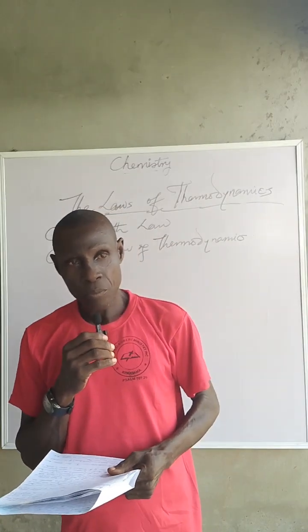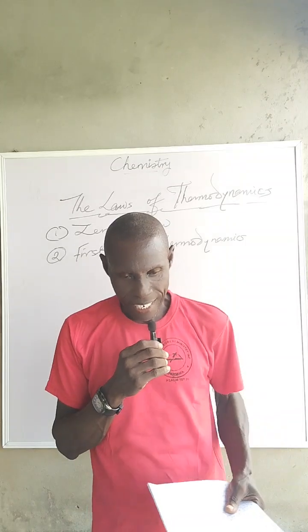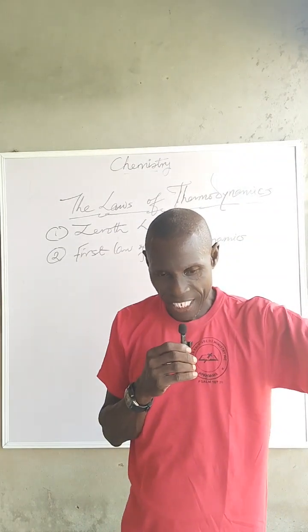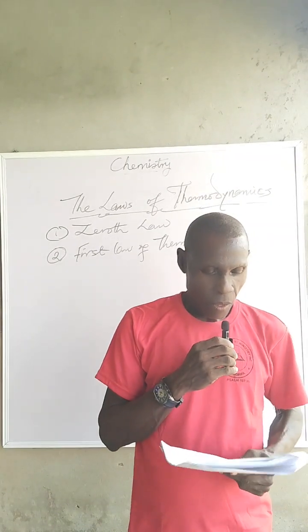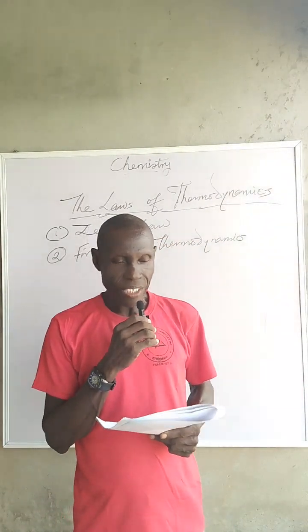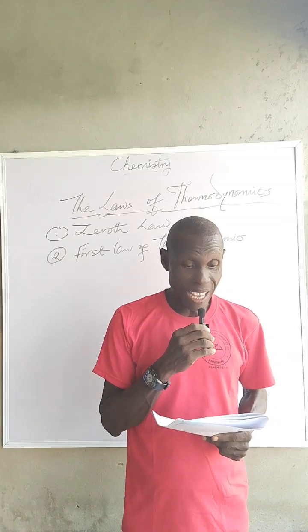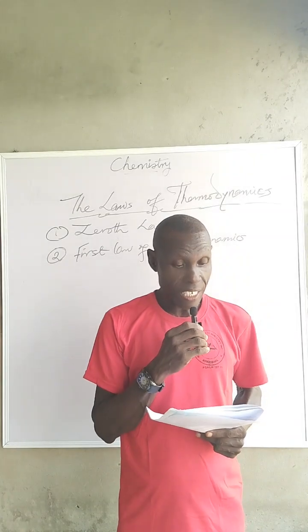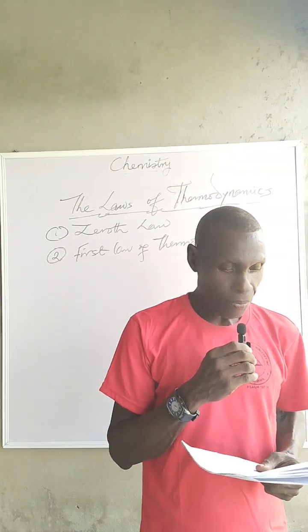That's what it's saying. For example, two persons have something together, and these two persons have the same thing with a third person. It means that the three of them have an idea of what is transpiring. So that is about the zeroth law. The law states that if two systems are in thermal equilibrium with a third system, then they are all also in what? Thermal equilibrium with each other.